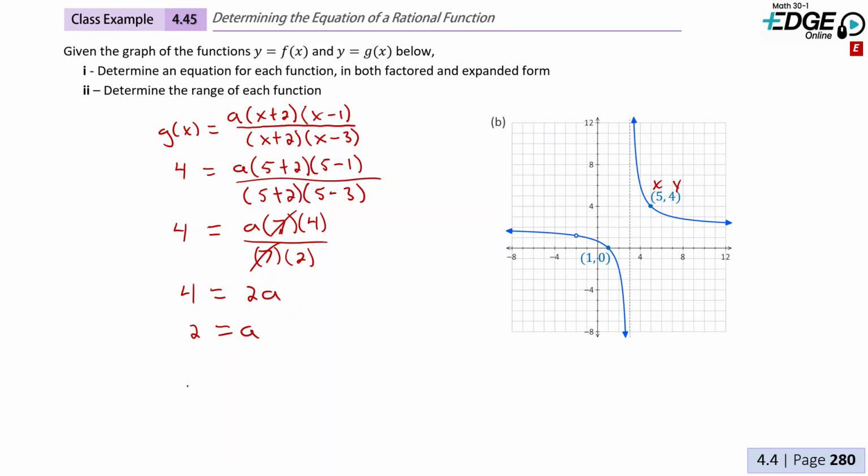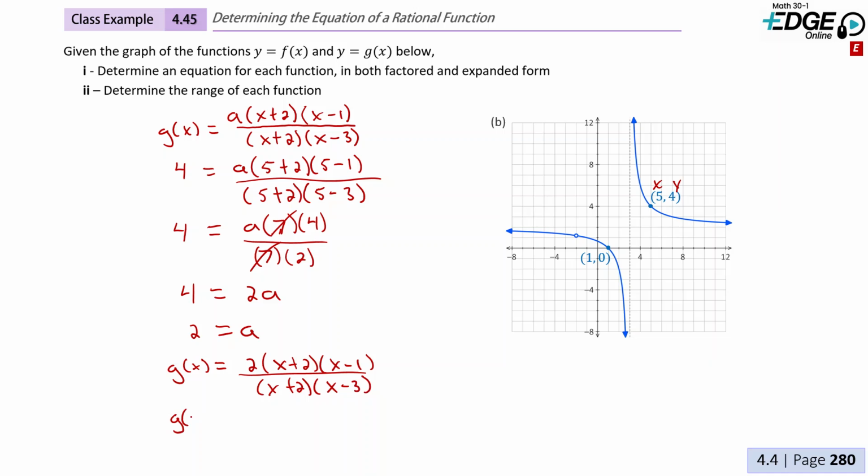So we'll throw that back in up there. So then g of x is equal to 2 times x plus 2 times x minus 1 over x plus 2 and x minus 3. So next we will just write this in expanded form.